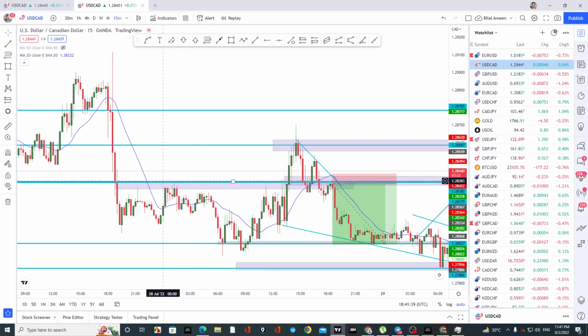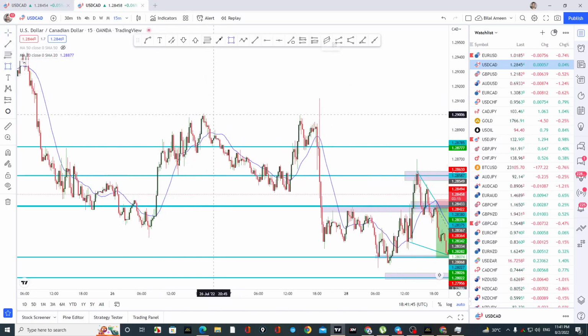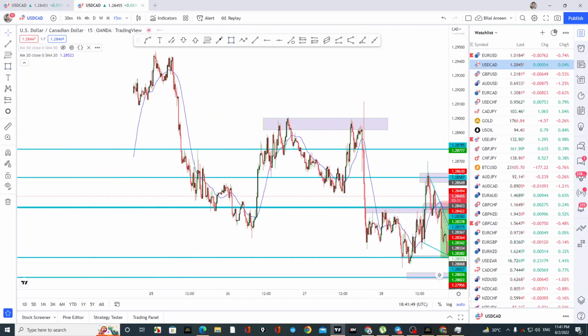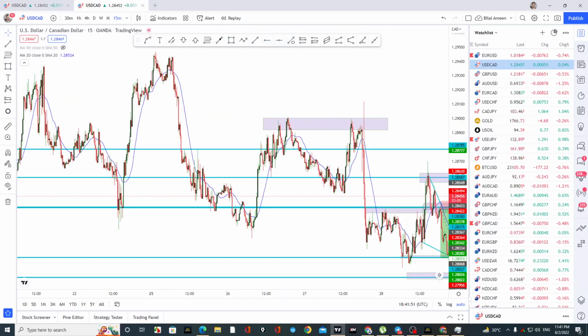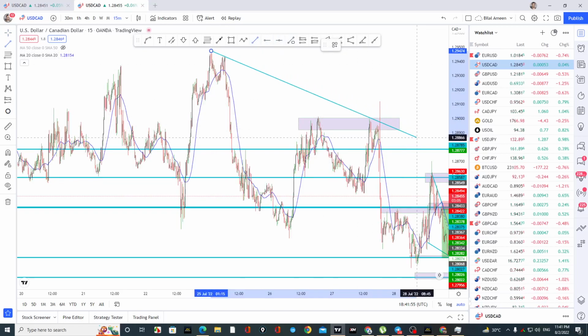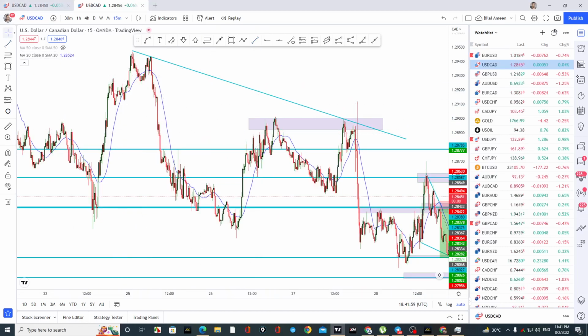So now we will check this area. As we can see here, this is our major resistance level in market, plus if we draw our trend line, so this one is our first trend, this one is our second trend.